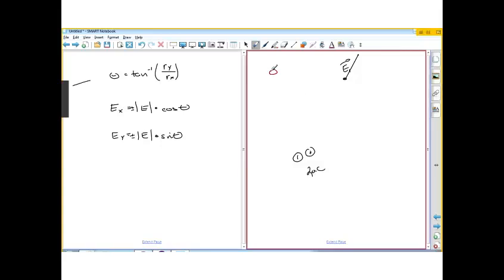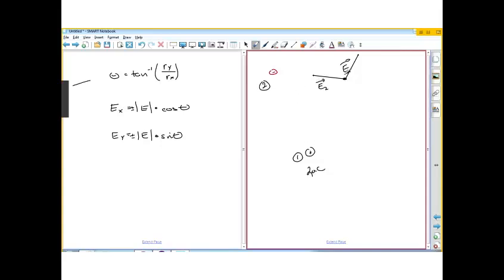And if we then had a second charge, which is negative, the electric field is going to be pointing towards it. It's a little bit closer, so I'm going to make it a little bit longer. So that would be the electric field vector due to point number 2.